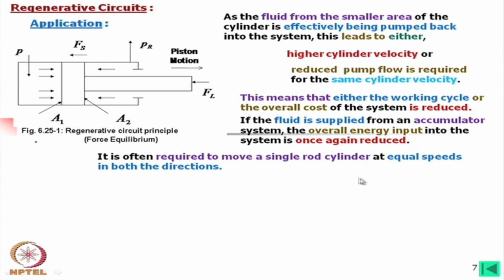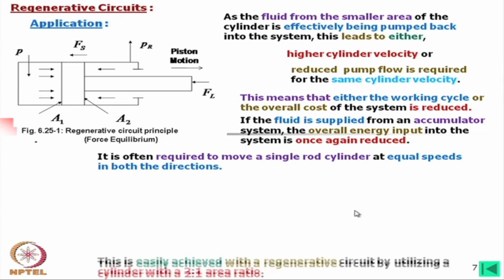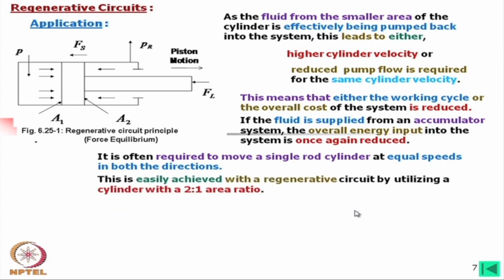So, with this also we get equal speed in both directions, that is another advantage. This is easily achieved with a regenerative circuit by utilizing a cylinder with a 2:1 area ratio, what I have mentioned now. In this case, the annulus area is equal to the rod area.